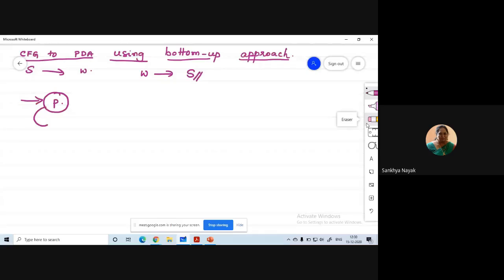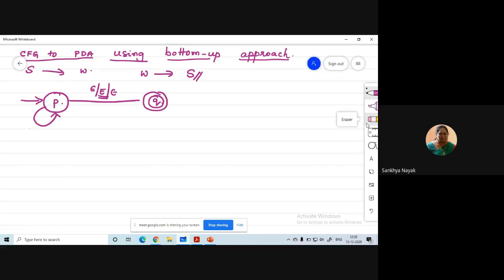All the transitions will be in state P, and ultimately to go to the final state, only one transition. The transition is, you should ultimately have only E left.